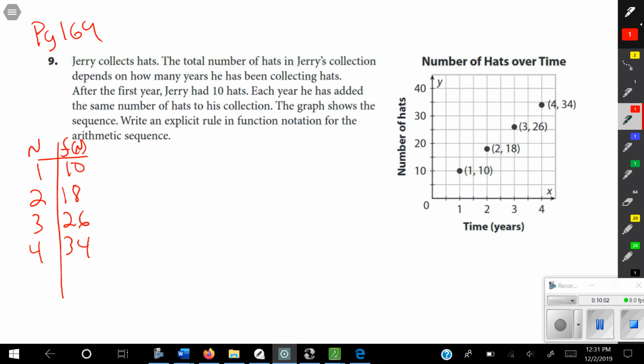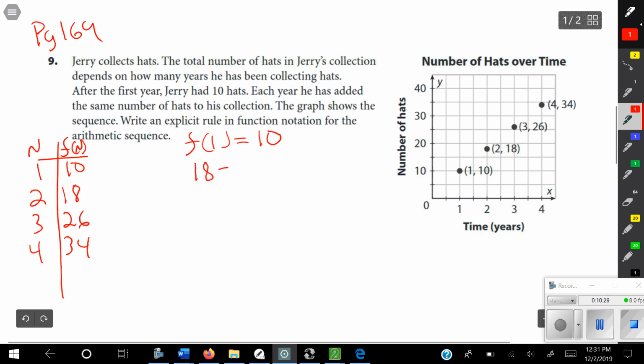So the two things we need are the common difference and the first term. So let's start with the first term. The first term, f of 1, is going to be 10 because that's our first term. Next, we're going to find the common difference, where you could take the second term, in this case 18, and subtract it from the first term, 10.